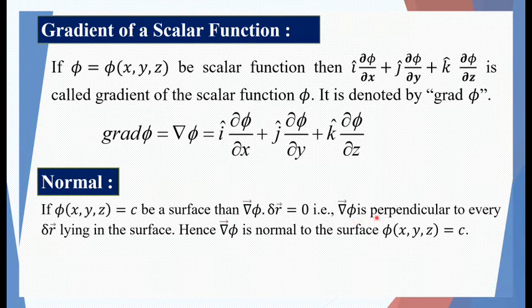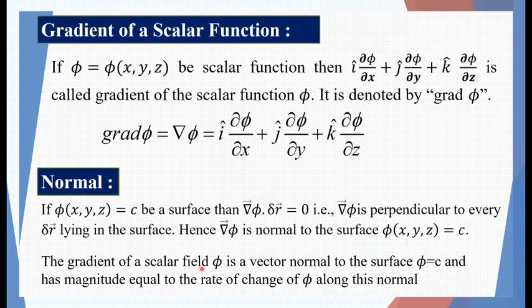That is, del phi is perpendicular to every delta vector r lying in the surface. Hence, del phi is normal to the surface phi(x, y, z) equals c.